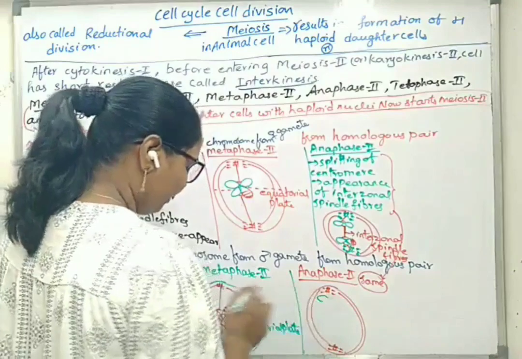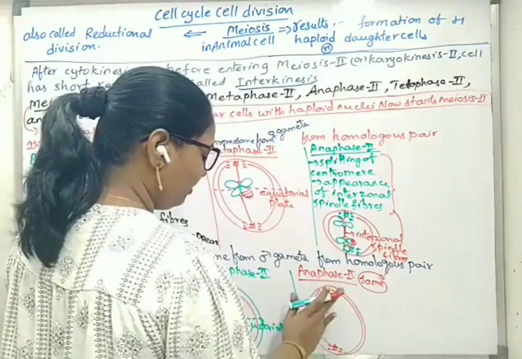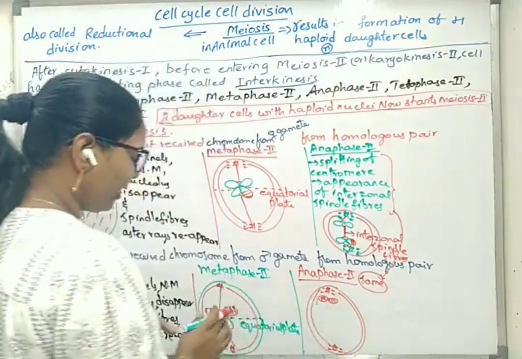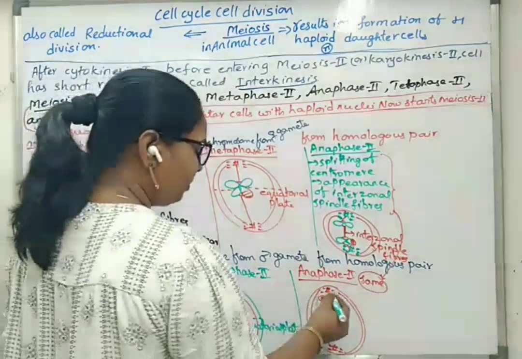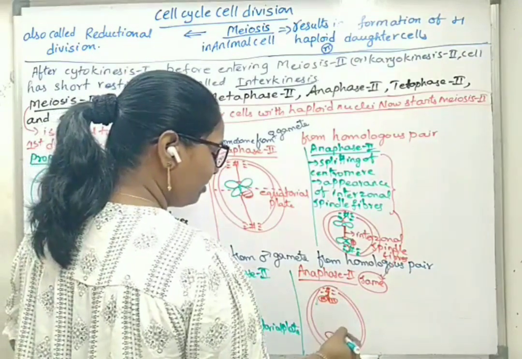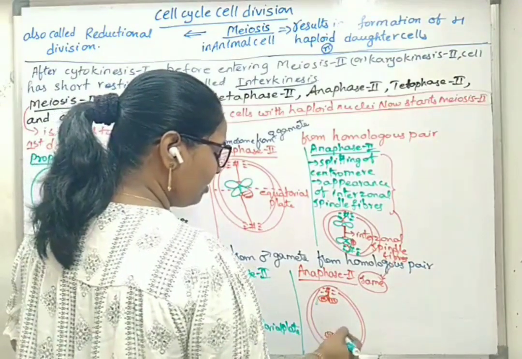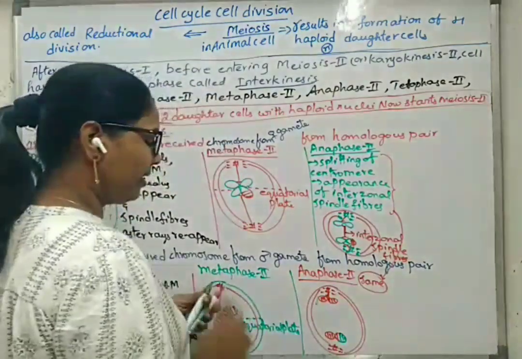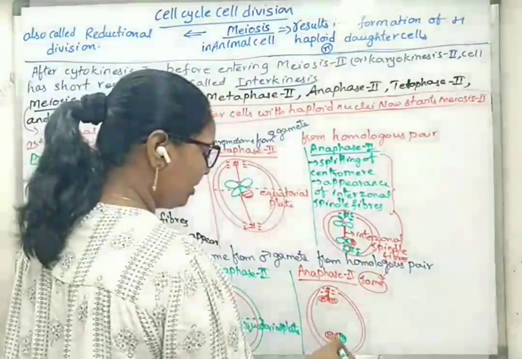So the chromatid which did not exchange genetic material will be moving to one end. The chromatid part which has exchanged genetic material will be moving to the opposite end.